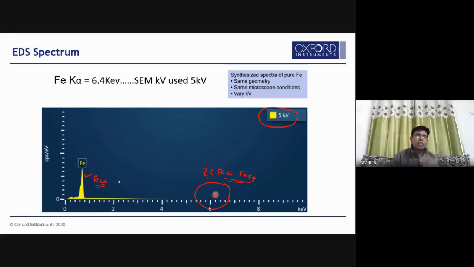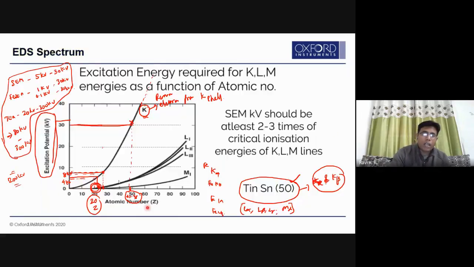So this is the connection between this particular curve that gives you an idea of what is possible, what kind of acceleration voltage you have to set for doing the EDS analysis. What I said is common for both EDS and WDS, because X-ray generation is common.